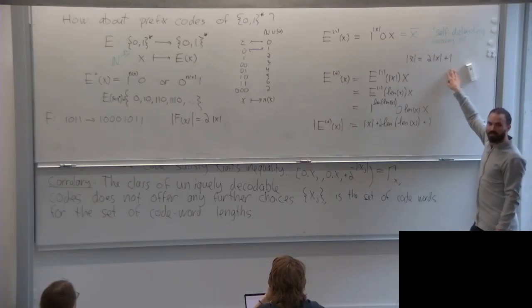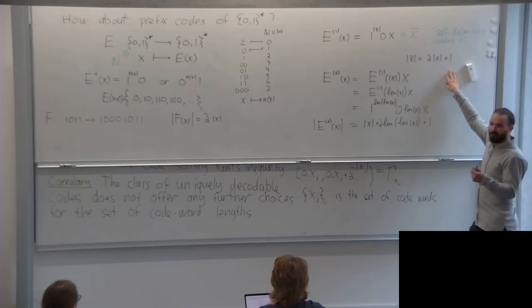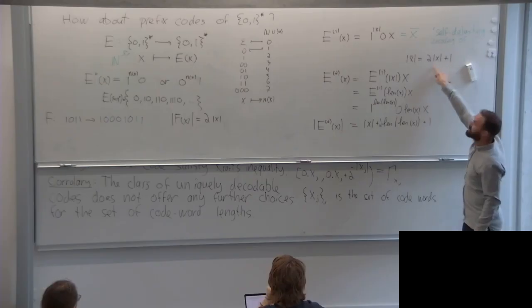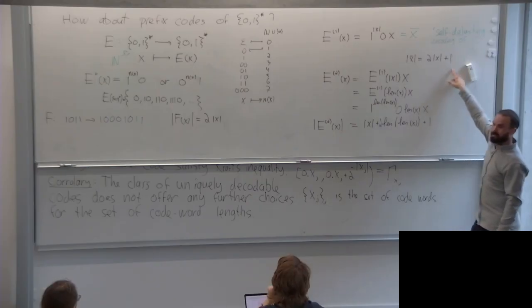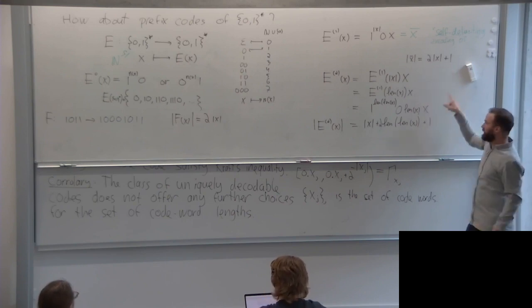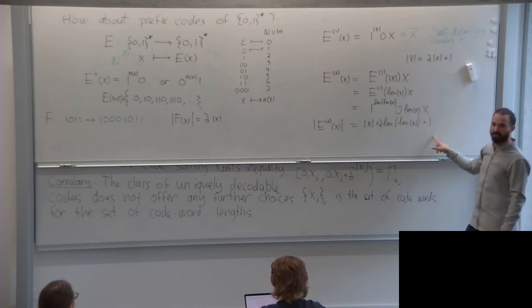But you can compute the sum just for fun. Which sum? The sum of 2 to the minus the length of the code words. This is why I wrote down the length of the code words. They have these lengths. You can enjoy. You'll find a series and you should verify that it converges. And this one is going to be a trickier series. But if you remember your calculus classes, it also converges.